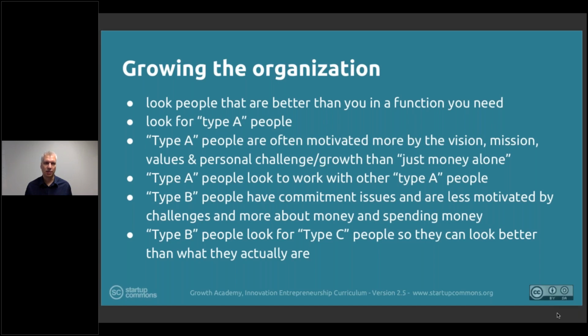And the type A people really want to work with other type A people, where they can learn from each other and challenge each other. Try to avoid the type of people that have the attitude of commitment issues, who always need something before they can do something, that they need more money or they are missing this or they can't do it because of that or whatever.